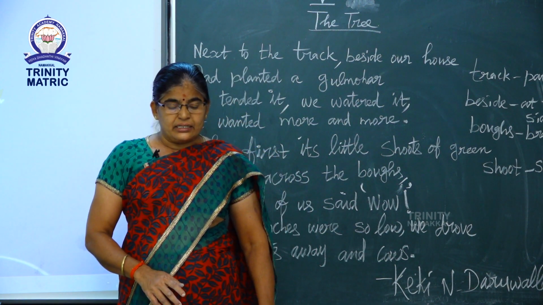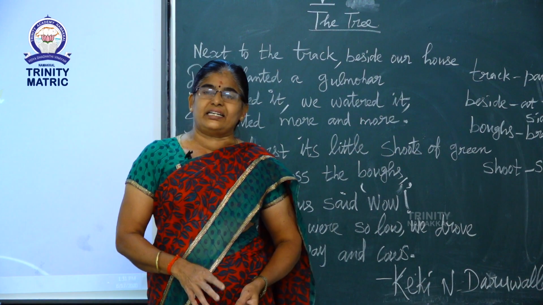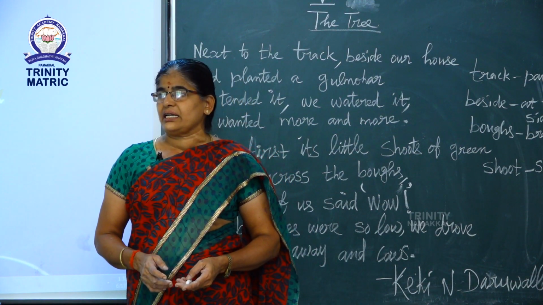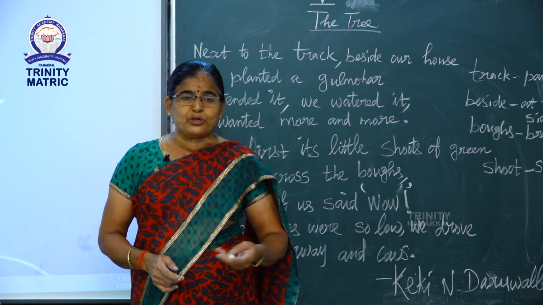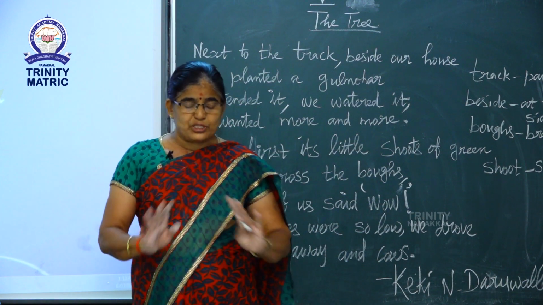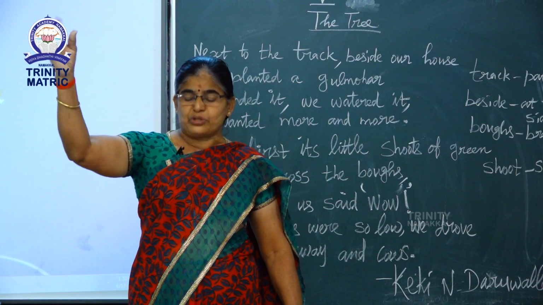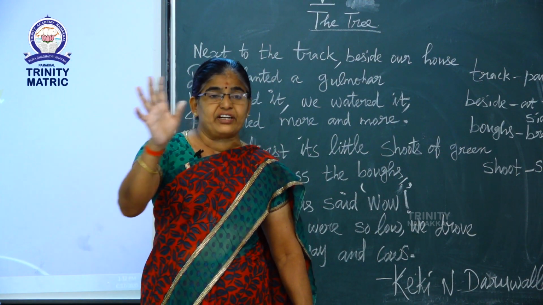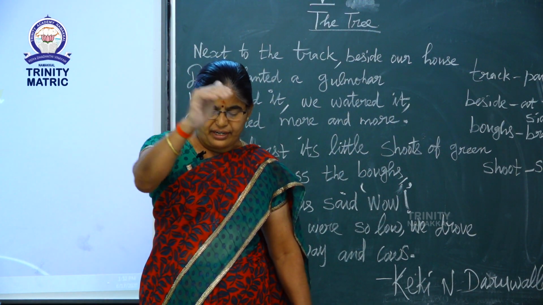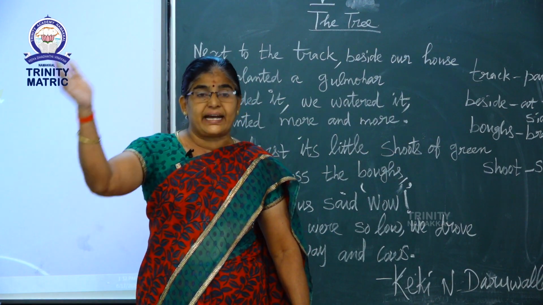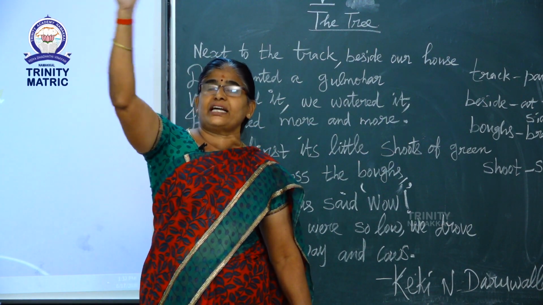See children, it never spoke to us. Even though a tree is a living thing, did it speak to you? No. It never spoke to us, of course. It just spoke to the winds, and now and then it waved to the skies. Skies means it seems to touch the sky.